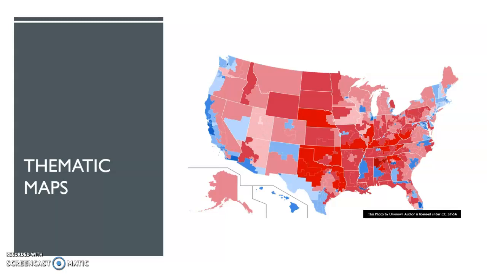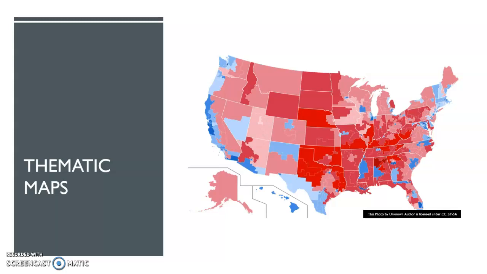Or cartograms, where they actually change the physical shape of places on the map to show something about value. So, for example, if we were talking about a population map, India and China might appear super huge, and Canada would be relatively small, right?